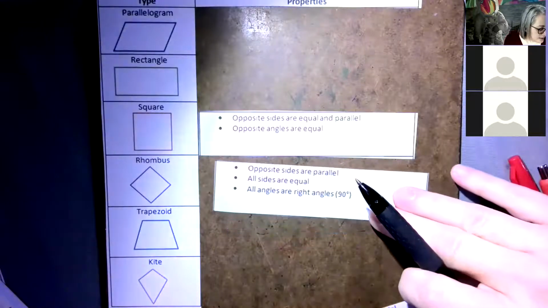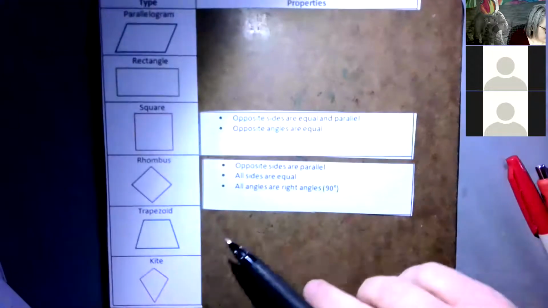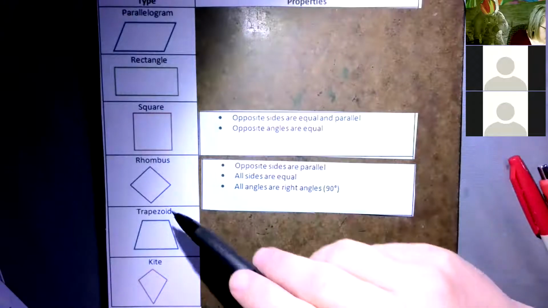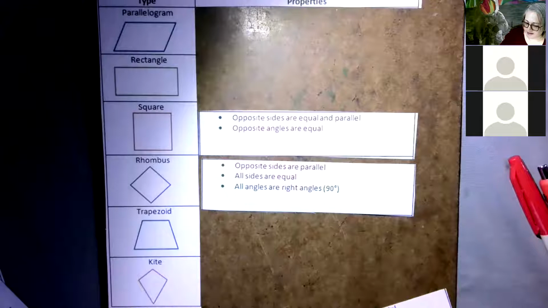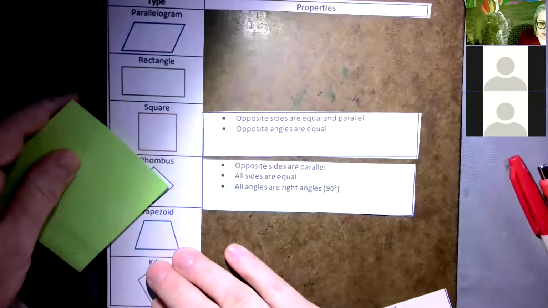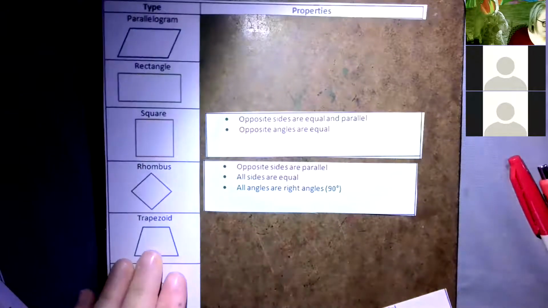Rhombus, okay. Because if you look at it, the opposite sides are parallel, they never cross. They look like they're all the same length. And then these are all right angles, because I can always test it out. Get another piece of paper and see if it matches the corners of a piece of paper. It does. All right.